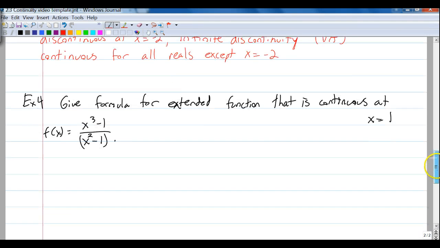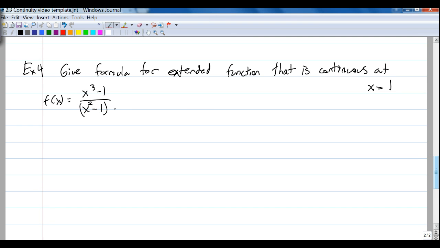Alright, so last one, give a formula for an extended function that is continuous at x equals 1. So this is going to be just giving the formula because this will extend it at that spot. Let's see, first we have to factor this because we don't know what's really happening.